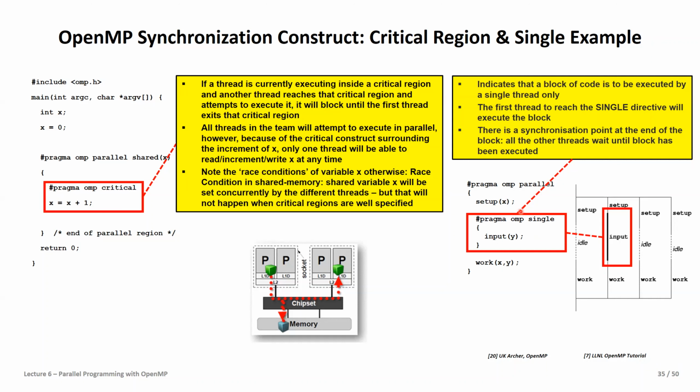The first thread that is actually able to get there will do the work inside here, while the others are idle and don't do anything, but they're also not really waiting and then executing. They continue afterwards, waiting essentially until the single has really done its work, and then join the work again in the team.